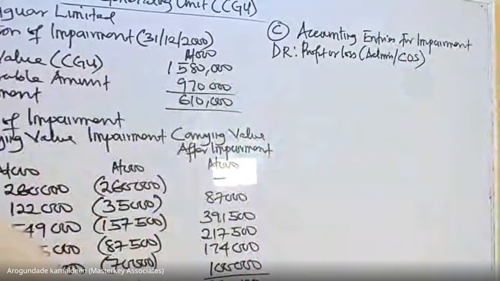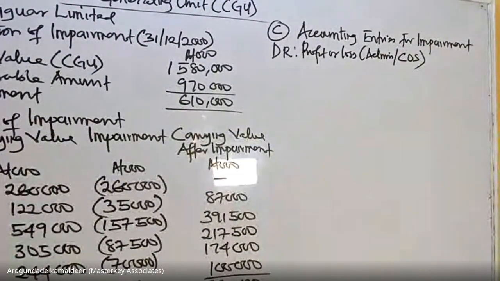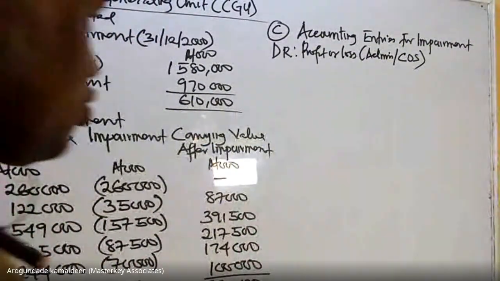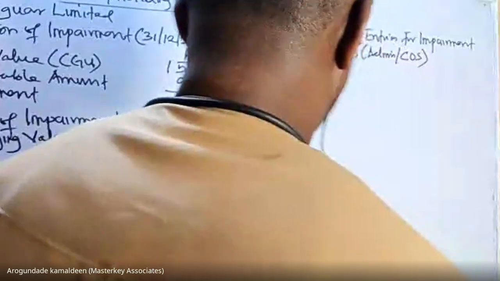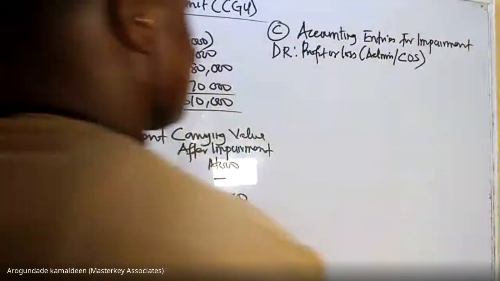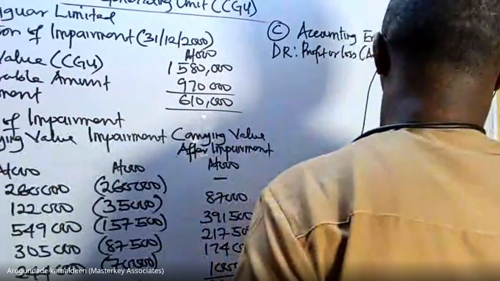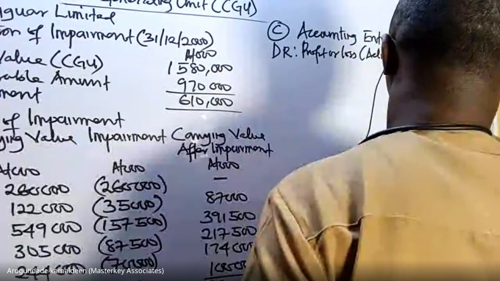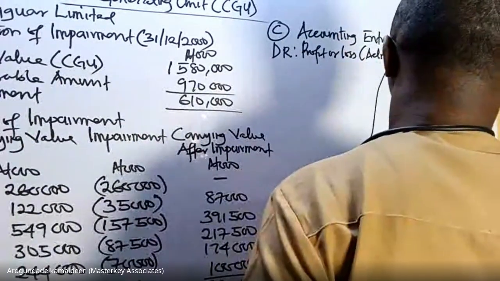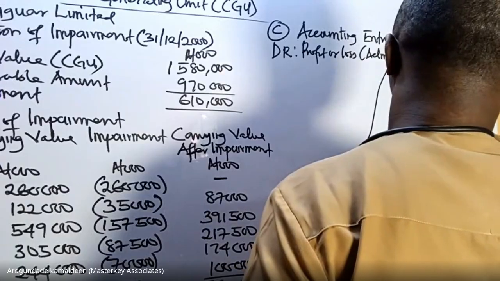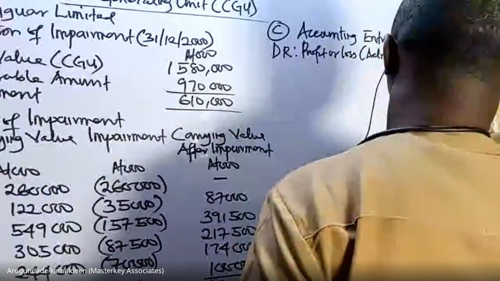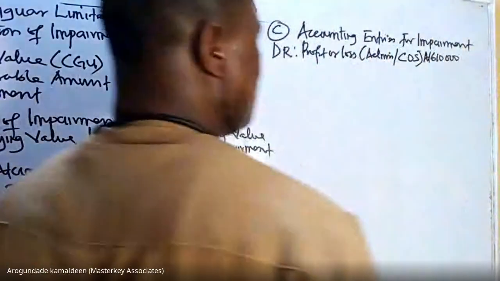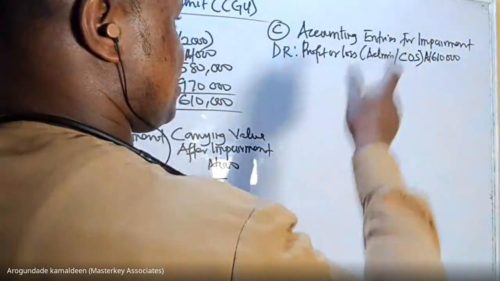So what we have here is the cost model. So the total for the year, we have 610,000 as impairment. Remember, we are keeping 3 zeros.